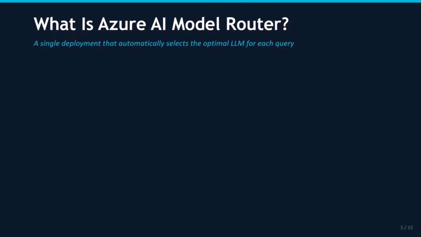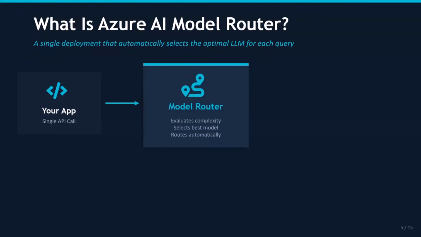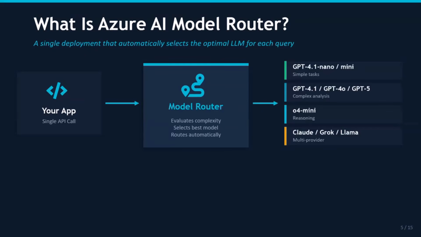So let's look at this flow. Your app makes one API call, the exact same chat completions API you already use. That call goes to your Model Router deployment. The router evaluates the complexity of the prompt and picks the best model from a pool of 18 available models, then returns a response. And here's the key part. In the response, the model field tells you which model was actually selected, so you always know what happened behind the scenes.